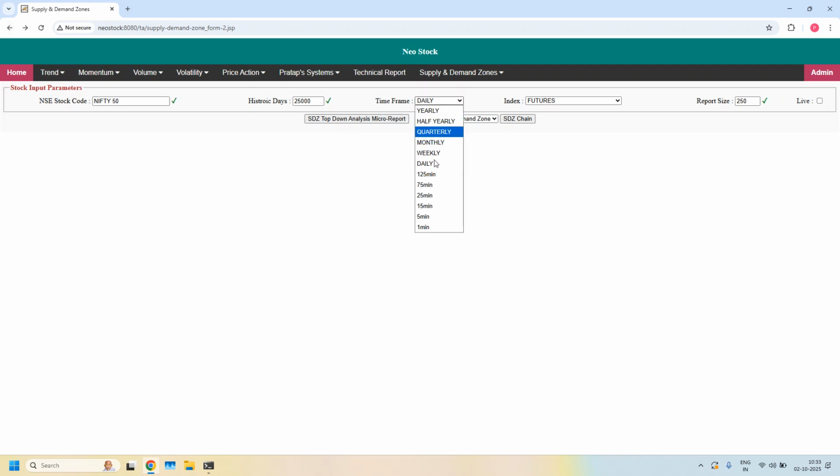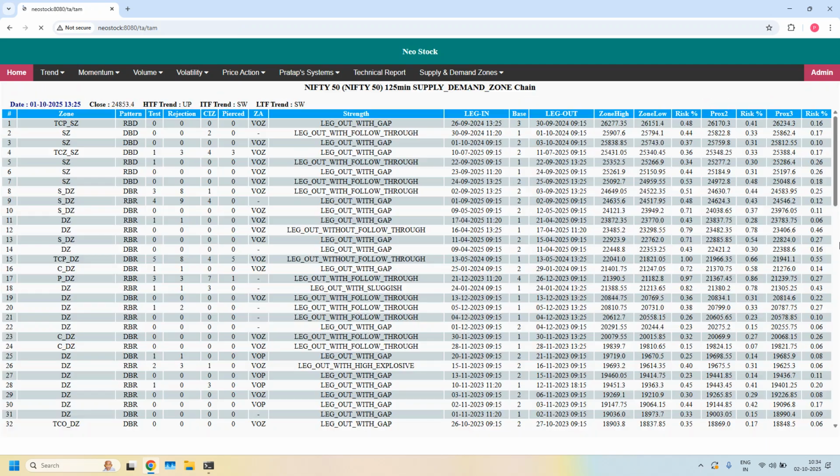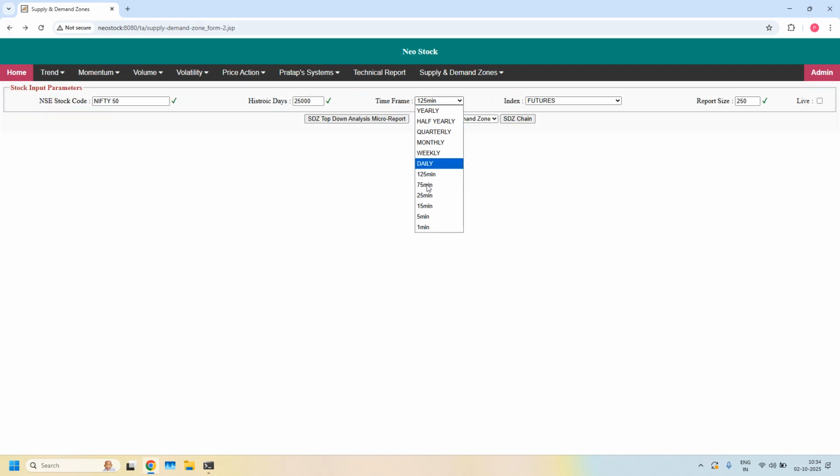Next, generating 125 minutes supply demand zone chain for NIFTY. Next, generating 75 minutes supply demand zone chain for NIFTY.